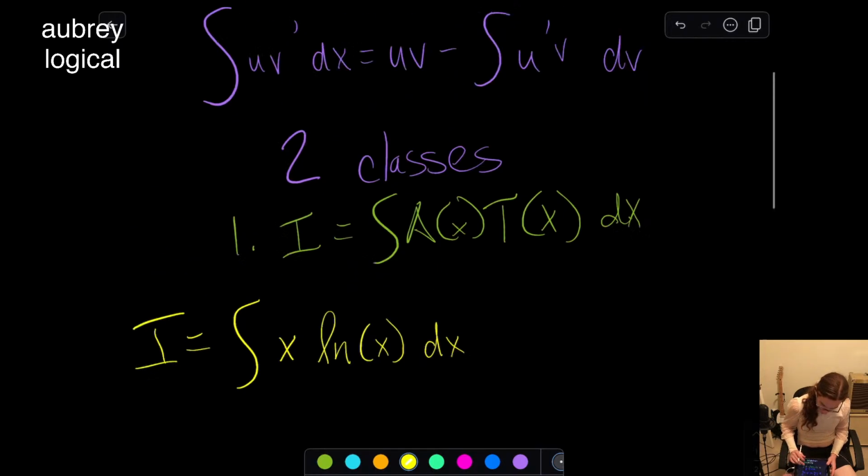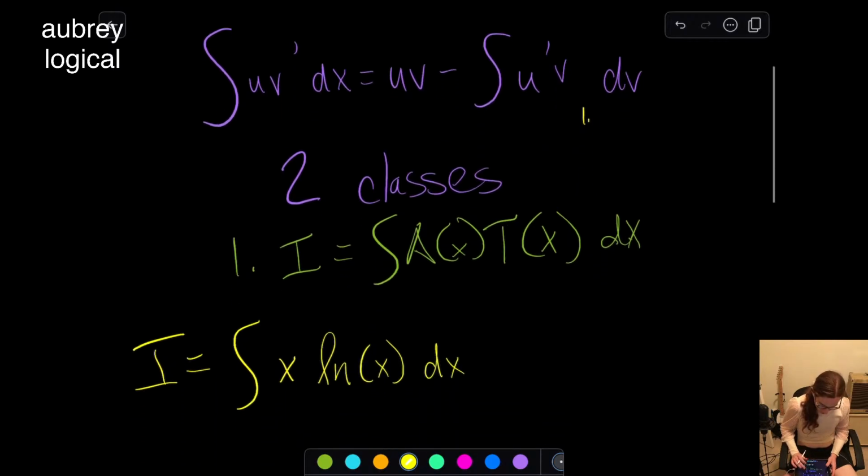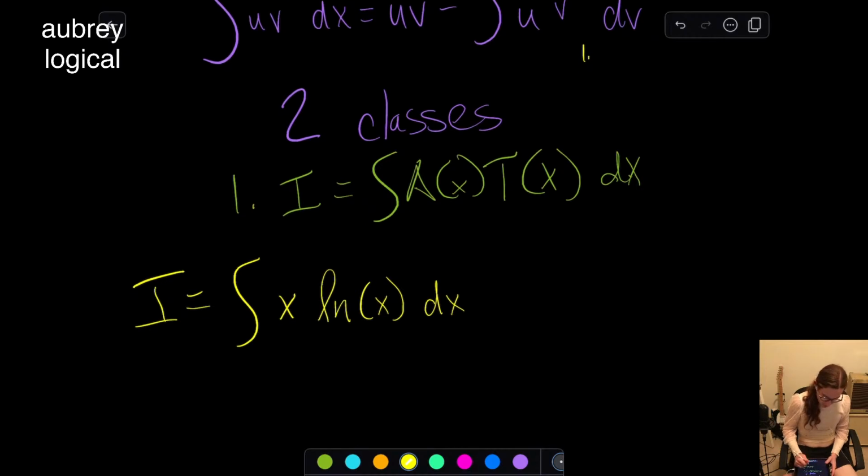All right, so our first class states that we're going to find our variables a certain way in the event that one of these derivatives becomes easier than the original problem.